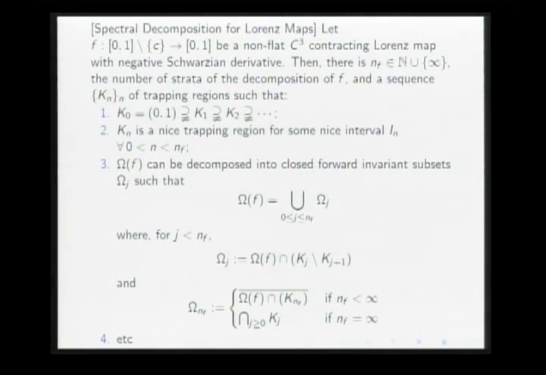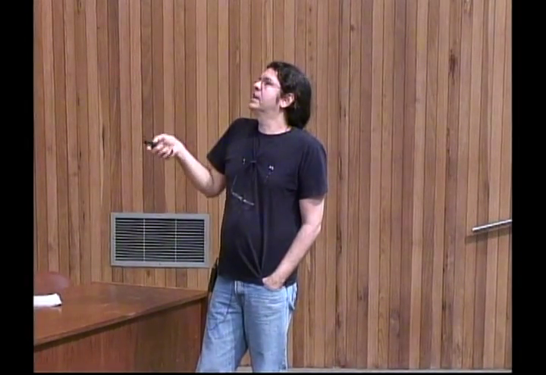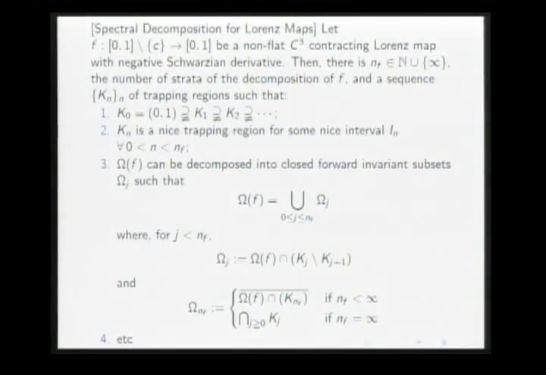I just want to point to the fact that we built those trapping regions K_n like here, a chain of nested trapping regions that are already prepared to think a little bit and to do the analysis to show that all the non-wandering set will be decomposed like this.